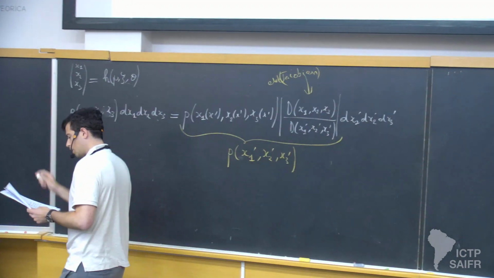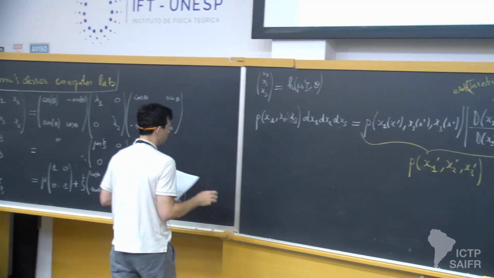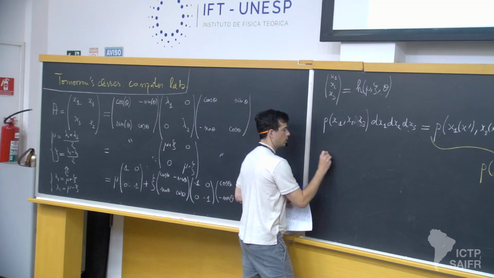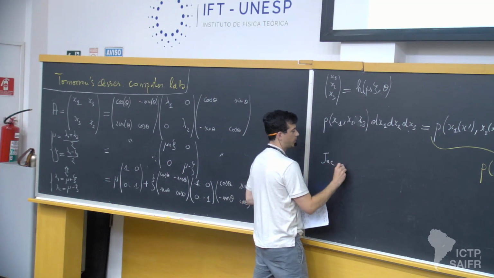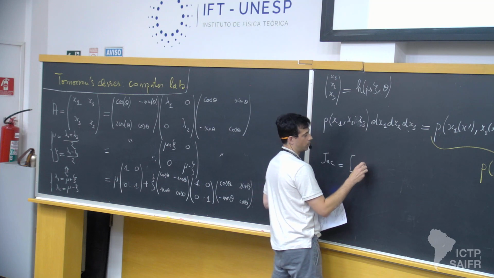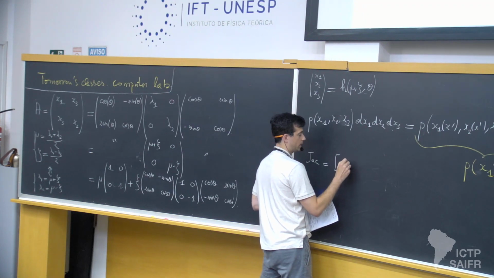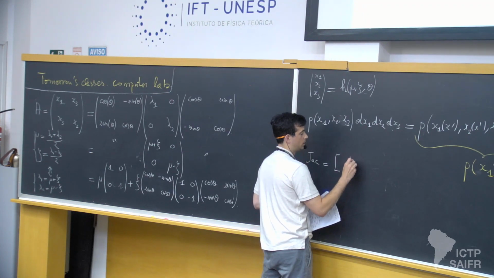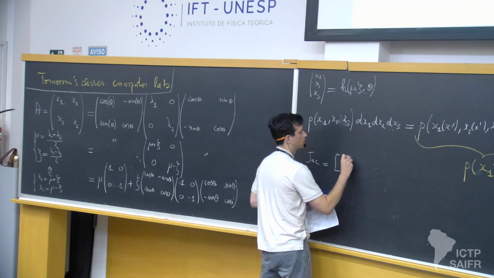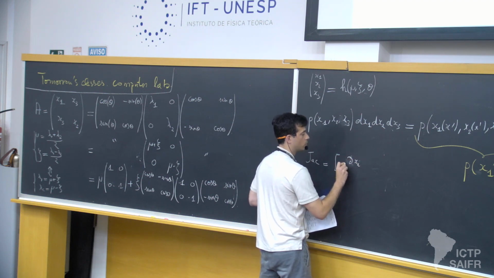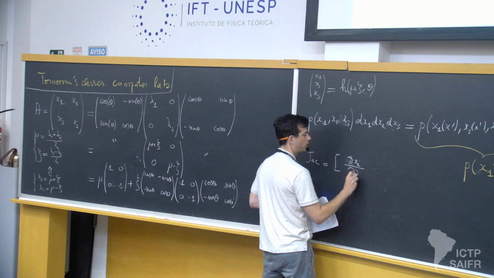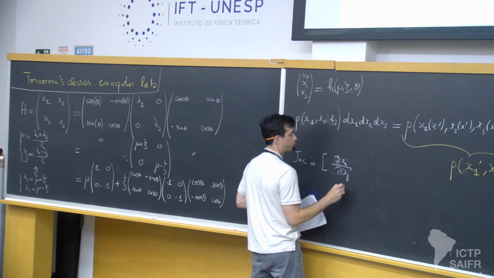Okay, so what is the Jacobian here? Well, the Jacobian is a matrix whose elements are the partial derivatives dx_i, the old variable, divided by the new variable x'_j.